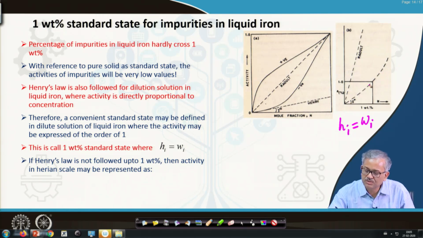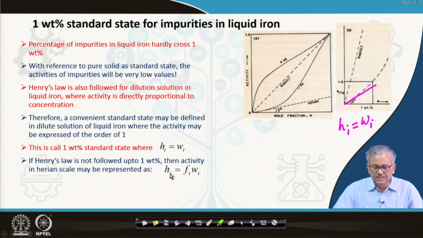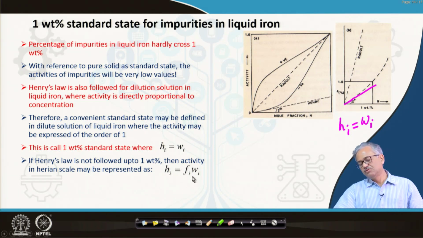If it is not valid, and there is a deviation, in that case I can define Hi equals fi into Wi, where fi is the activity coefficient on the Henryan scale.